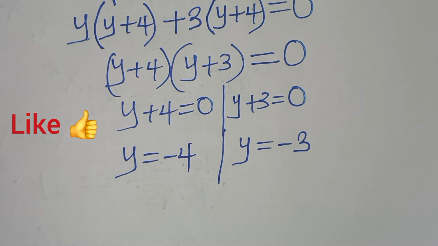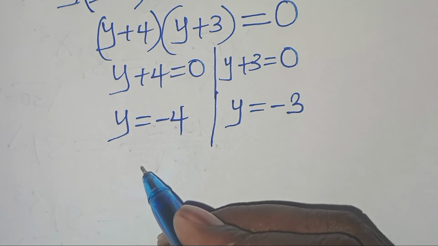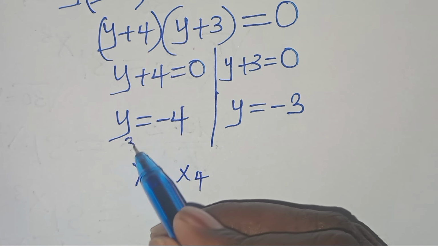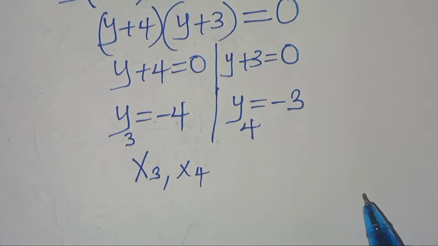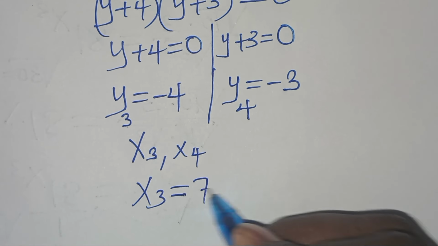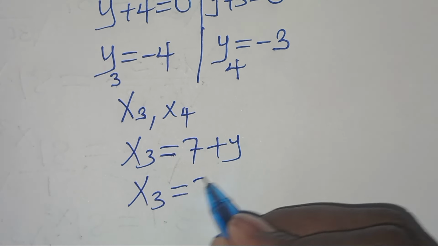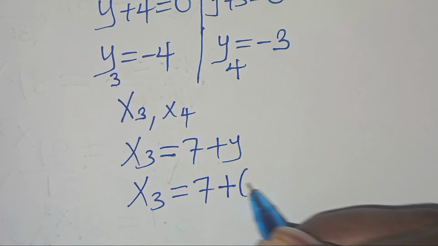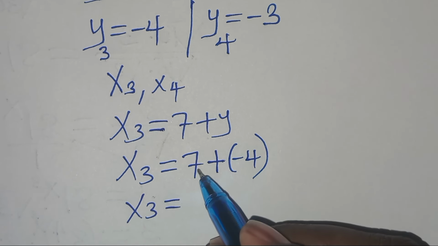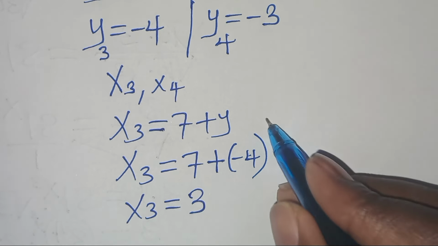So this implies that we can solve for the values of x, that is x3 and x4. Remember, this is y3 and this is y4. So x3 here will be equal to 7 plus y, and this means that x3 is equal to 7 plus minus 4, and this is equal to 3.